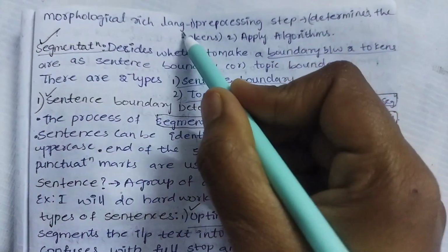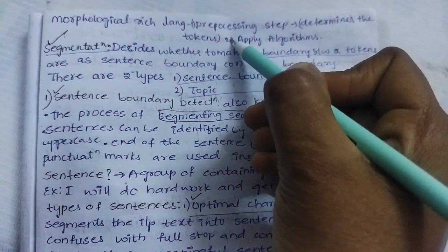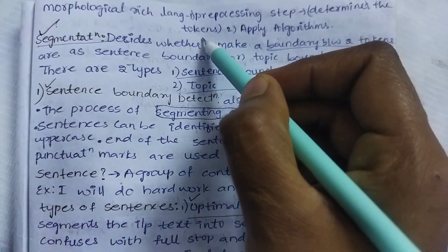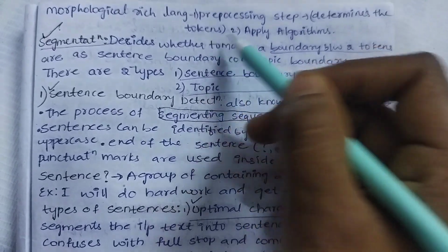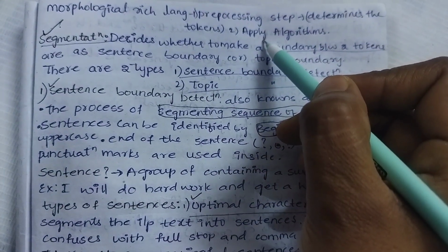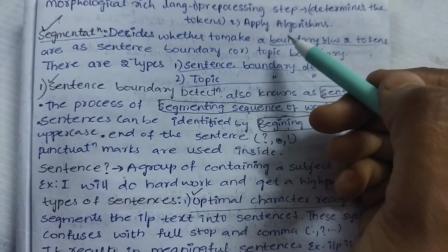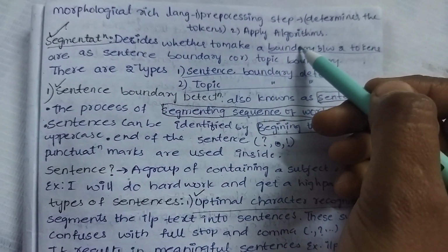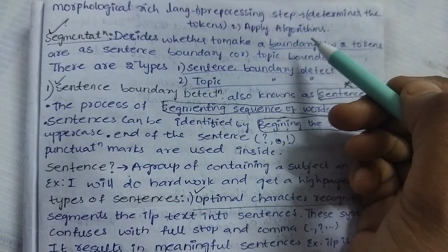For morphologically rich languages, this is a processing step for determining the tokens or words. After determining the words, we apply the algorithms for performing the NLP tasks.